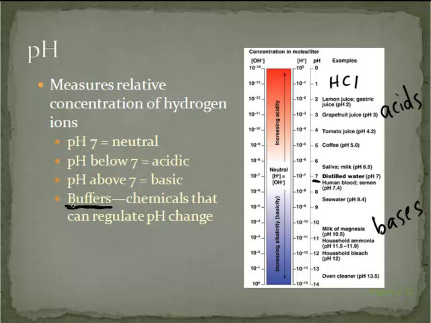And what buffers are, they are either weak bases or weak acids that allow our body to maintain a certain pH. So if things are getting too acidic, you can use a weak acid or a weak base to buffer that situation. That's going to absorb some of the hydrogen ions and make that a little bit less acidic.